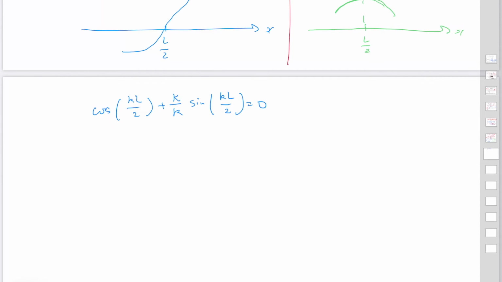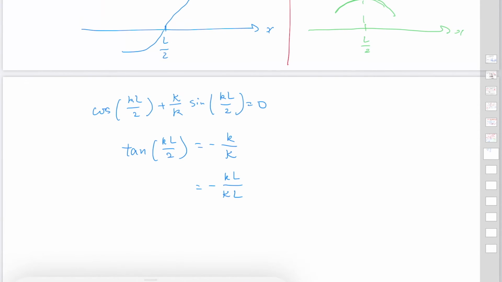So this means tangent kL over 2 equals minus k over kappa.